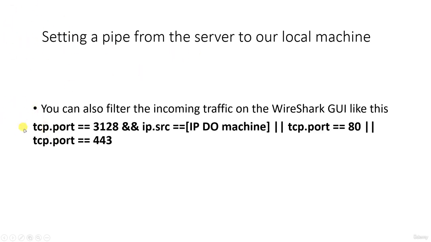In the filter you just type this. We're going to filter this port from 80 to this port. So the Wireshark filter should display your own traffic coming from HTTP ports to TCP ports.